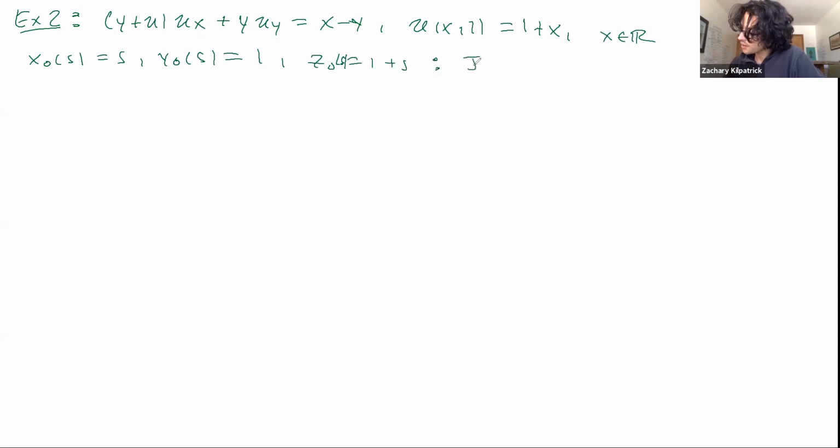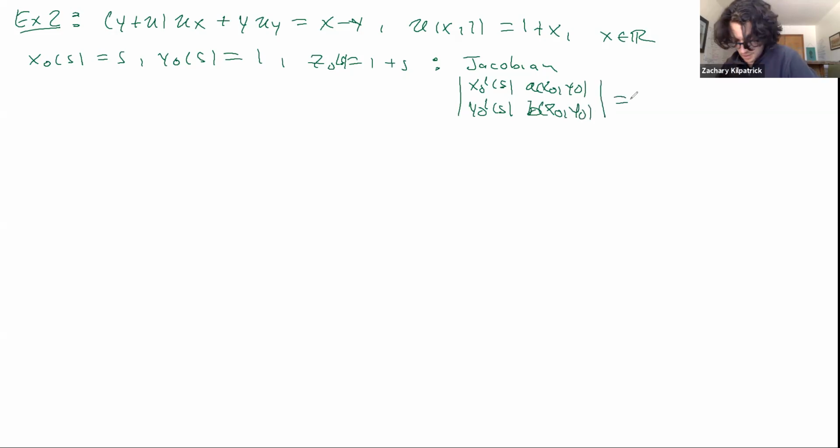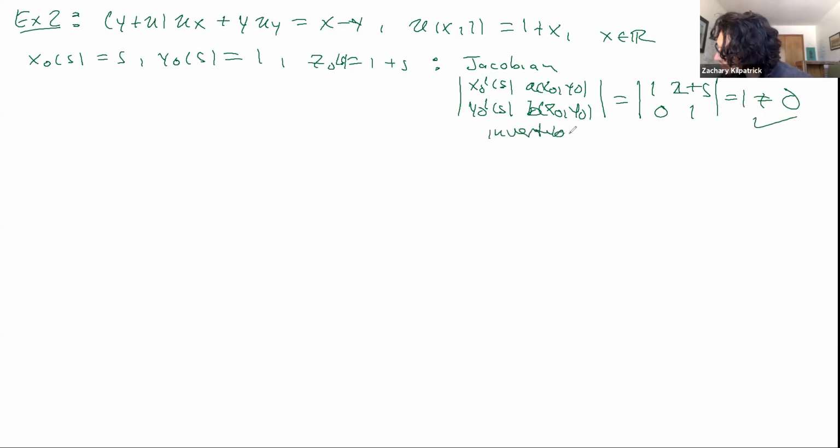This means that our Jacobian in this case will be x0 prime of s, y0 prime of s, a of x0, y0, b of x0, y0. This should be equal to 1, 2 plus s, 0, 1, which is equal to 1. When we take its determinant, which is not equal to 0, so we have invertibility, okay?